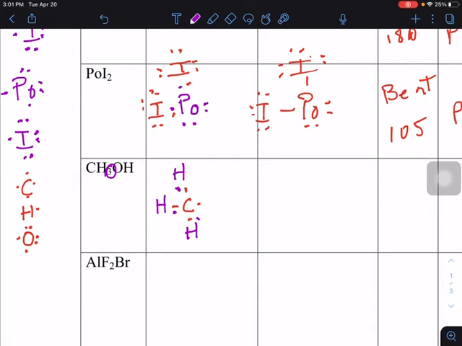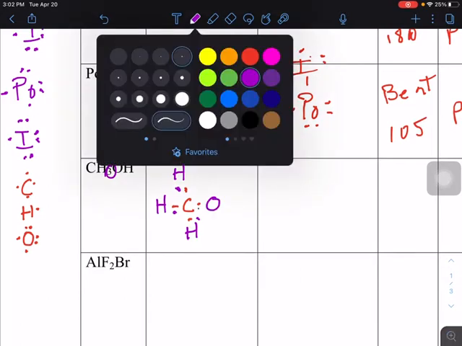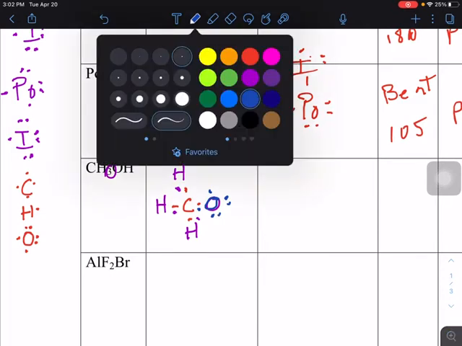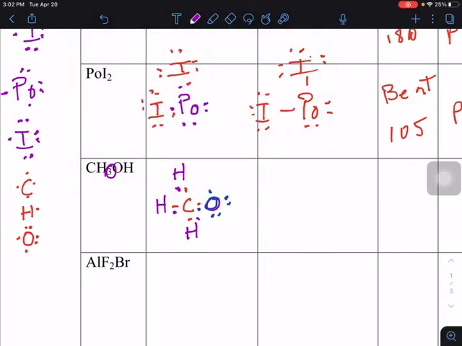And then oxygen with its 6, let's change the color again. Oxygen, 1, 2, 3, 4, 5, 6. And then there's 1 more hydrogen, and it will create a covalent bond right there. So that's what that looks like.